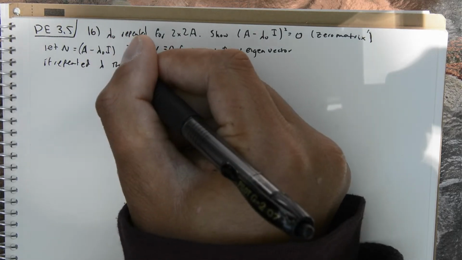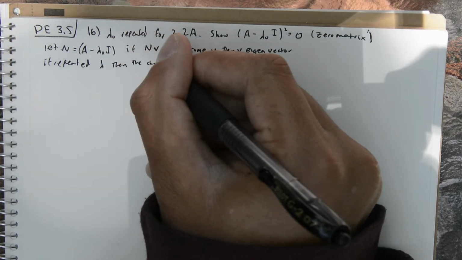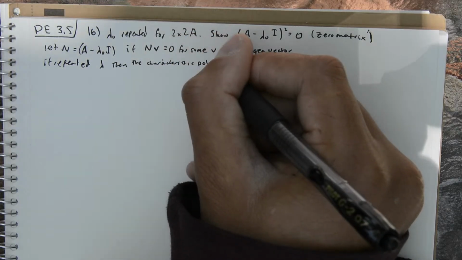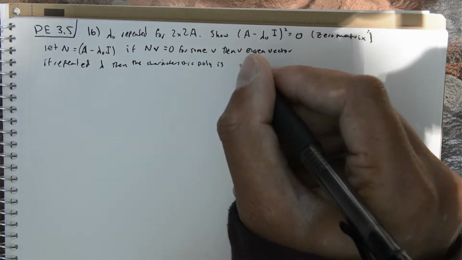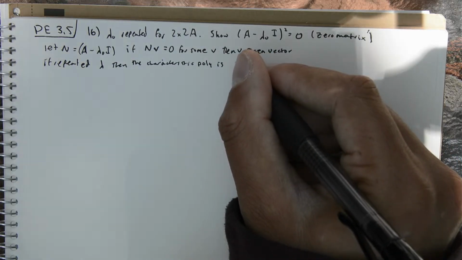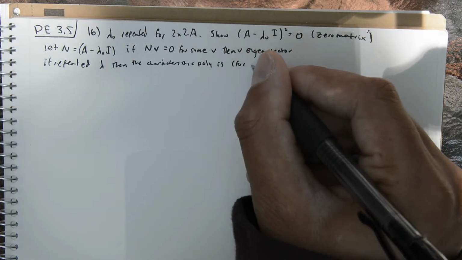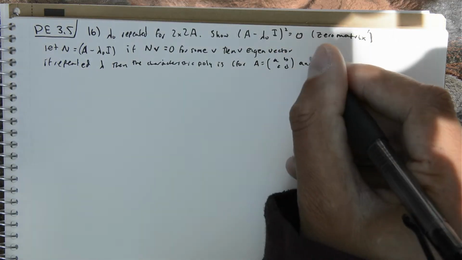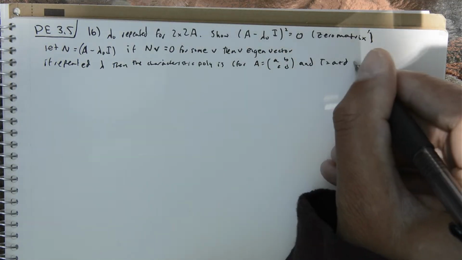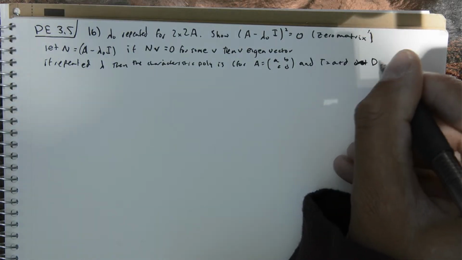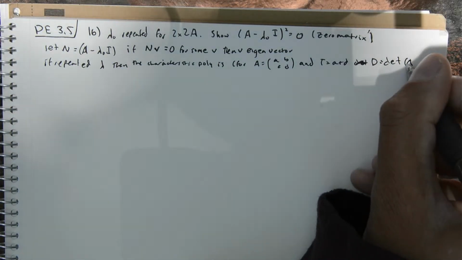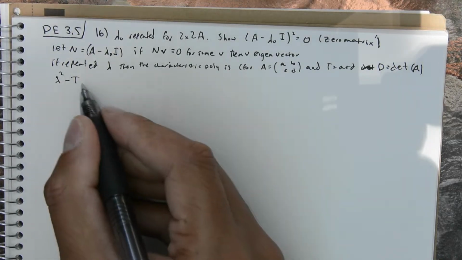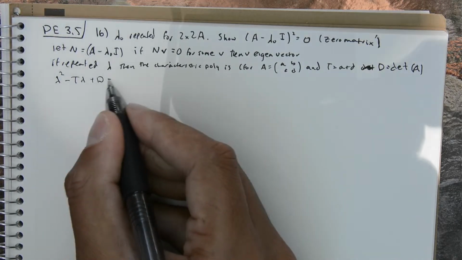lambda, then the characteristic polynomial is, for A equal to a, b, c, d, and t equal to a plus d, and det equal to det A, then we get lambda squared minus t lambda plus d is equal to 0.